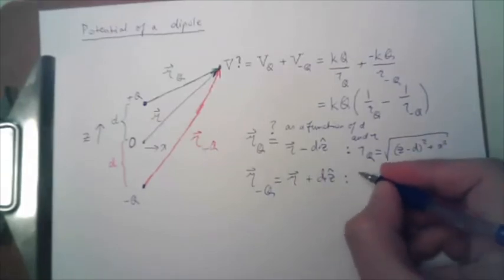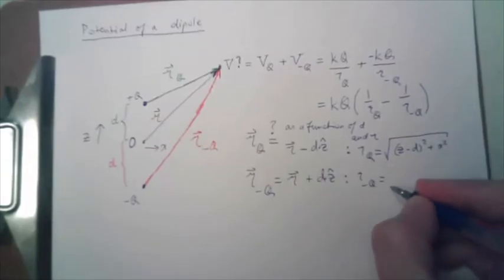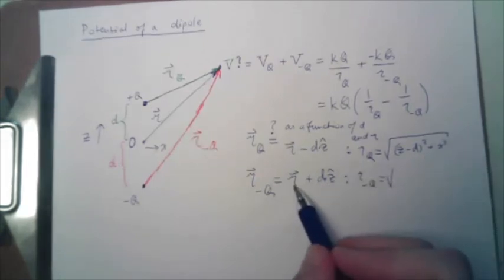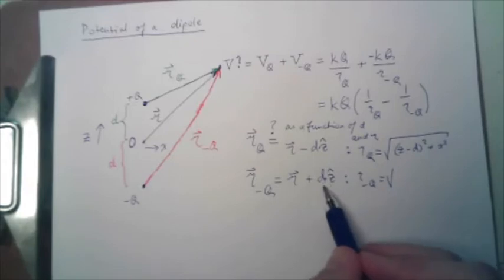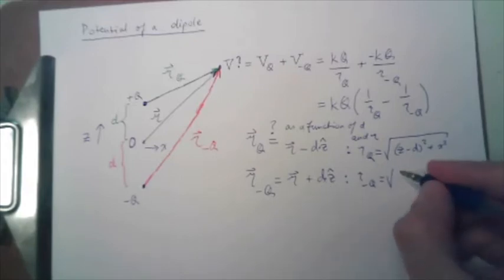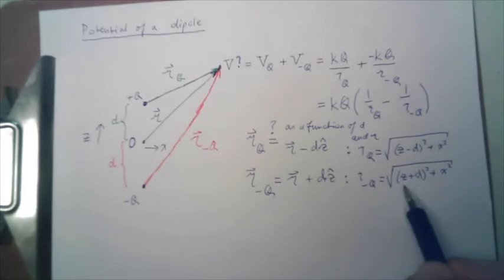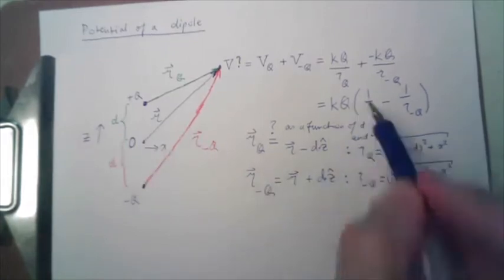And now the R at minus Q has the same kind of construct, except this Z component needs to be raised by a D. So this is (Z plus D) squared plus X squared. And this is the thing that we will put into this equation.